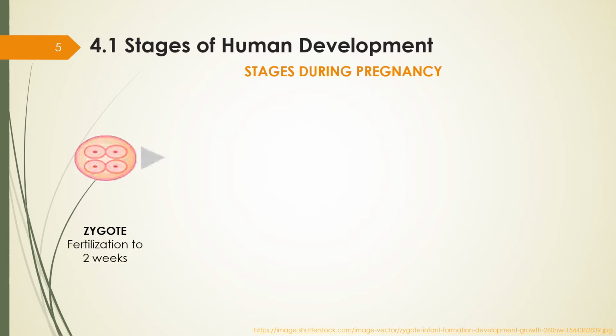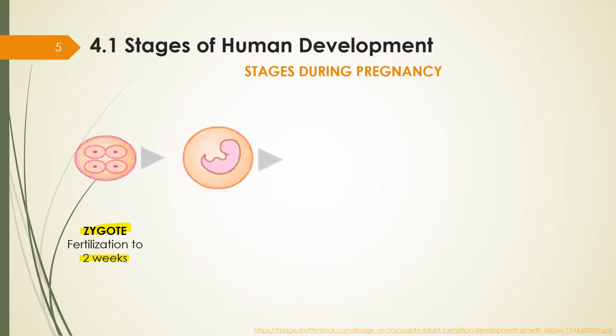The first stage is zygote. So we call it zygote until it is 2 weeks old. So let's say a woman gets pregnant today. In 2 weeks, what she has inside is gonna be called zygote. Okay, it's gonna multiply the cells, but still we call it zygote.